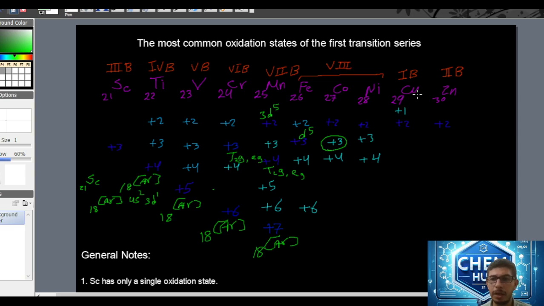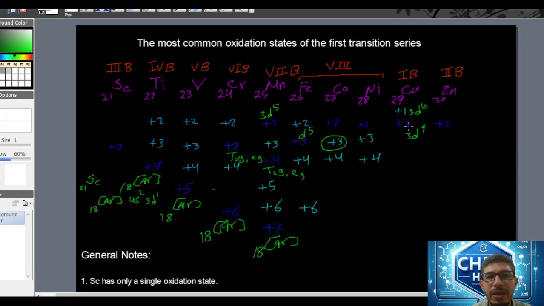We move on to the copper here, and we actually notice that the 2 positive oxidation state is more common than the 1 positive oxidation state. Although the 1 positive oxidation state has an electronic configuration of 3d10, right? That means this should be more stable than the 3d9.